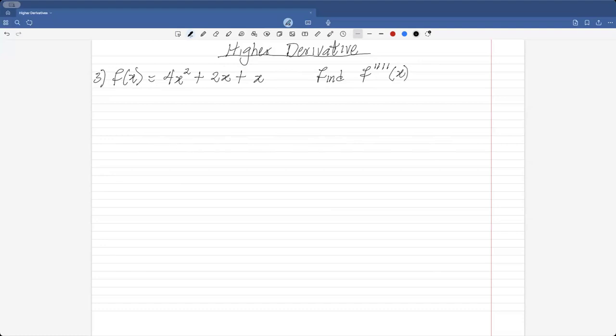So this means we find the first derivative, which is f prime x. So we have 2 multiplied by 4x to the power of 2 minus 1, plus 1 multiplied by 2x to the power of 1 minus 1, plus 1 multiplied by x to the power of 1 minus 1.